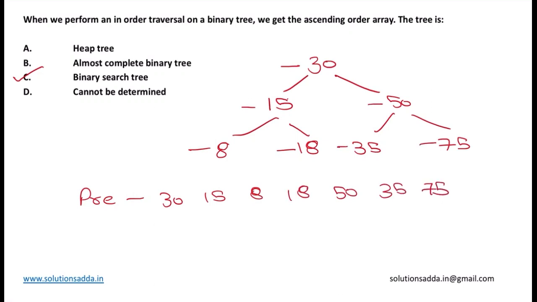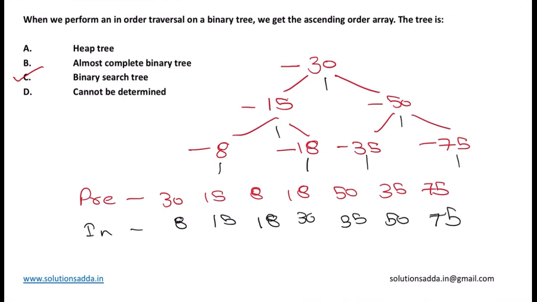Now when we perform an in-order traversal, we see that 8 is visited, 15, 18, 30, 35, 50, 75.